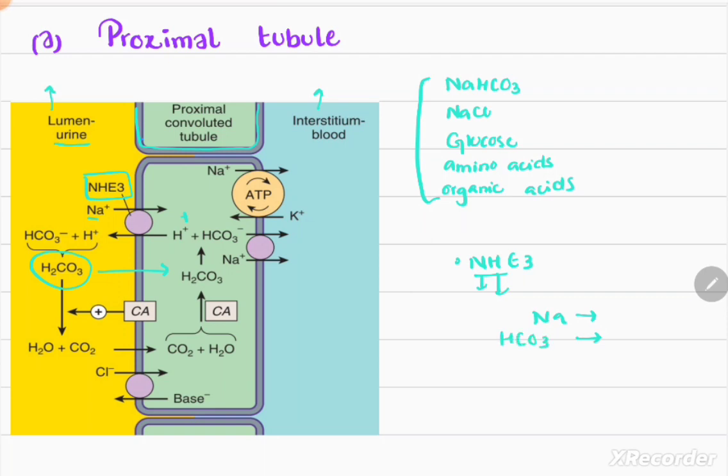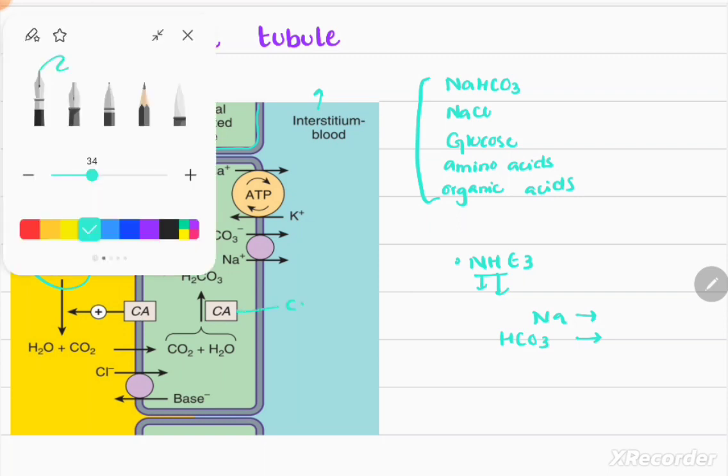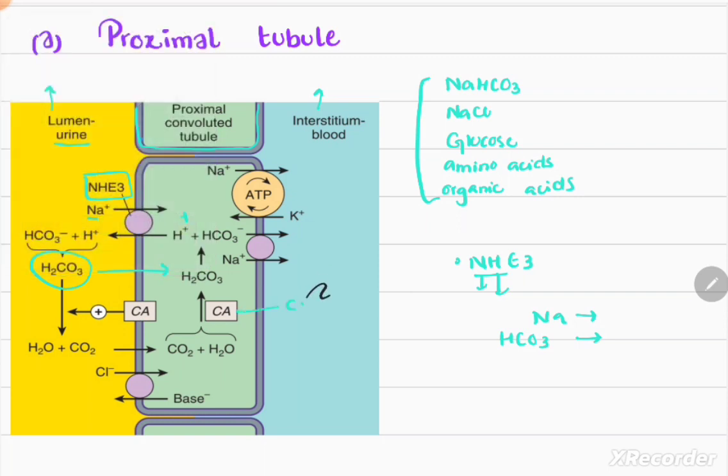This is an enzyme which is known as CA, or carbonic anhydrase. This enzyme plays a very important role because it converts carbon dioxide plus water into carbonic acid, and it also breaks down the carbonic acid into bicarbonate and proton.